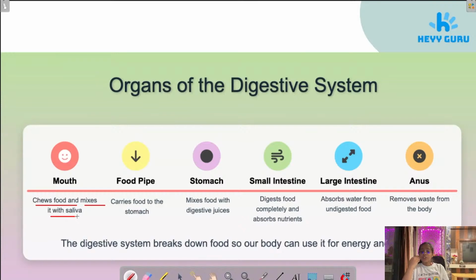Then the food goes down to your stomach, but it goes down through a pipe. That pipe is called the food pipe, or more properly, the esophagus, which is present here in your neck area. The food pipe takes your food from your mouth and carries it up to your stomach.